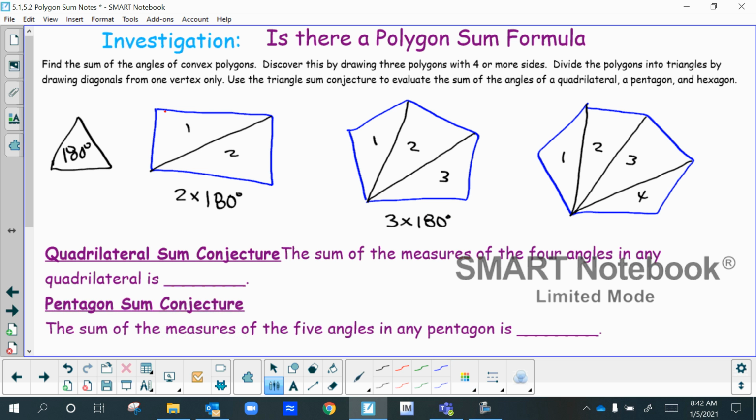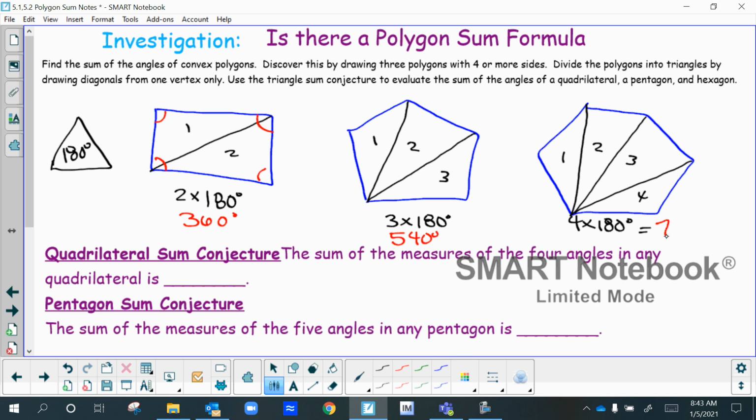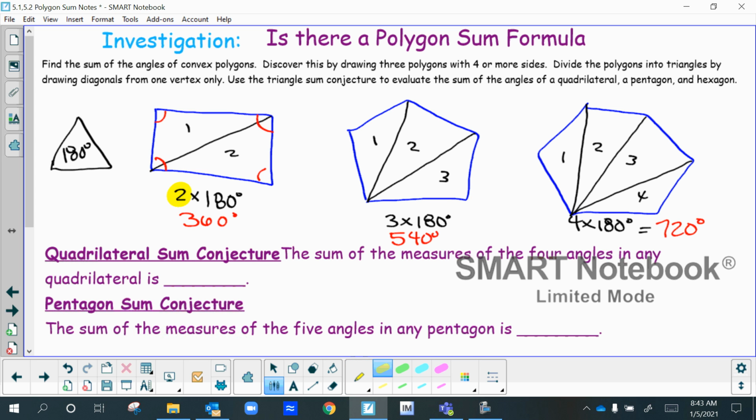So meaning this angle, and this angle, and this angle all add up to 360 degrees. 3 times 180 is 540 degrees, okay? And then the last one I didn't do, this one was 4 times 180 degrees. That ends up being 720 degrees.